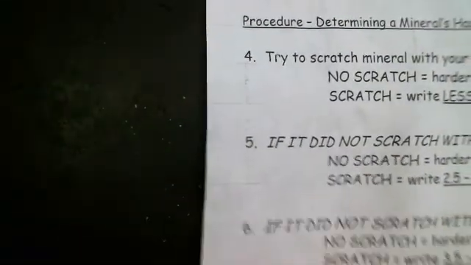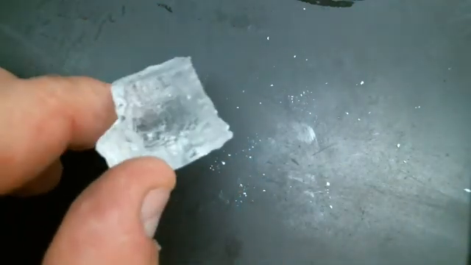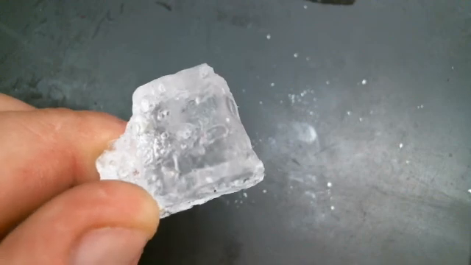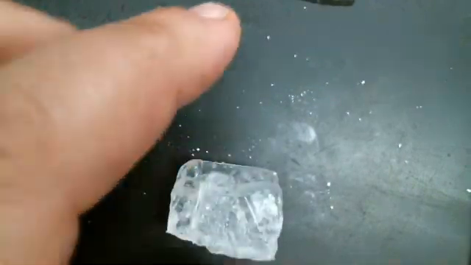Okay, next we have sample B. Sample B is this white clear material. It's almost looking like glass, like you could see through it a little bit. Let's try to find the hardness of this.